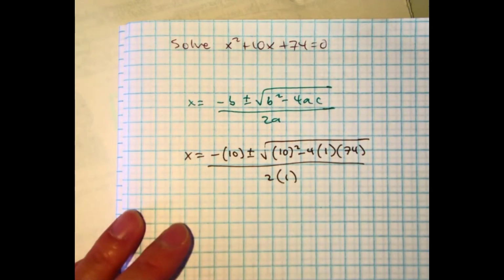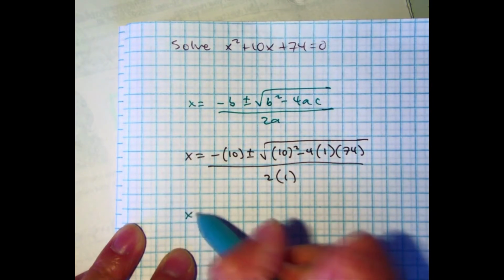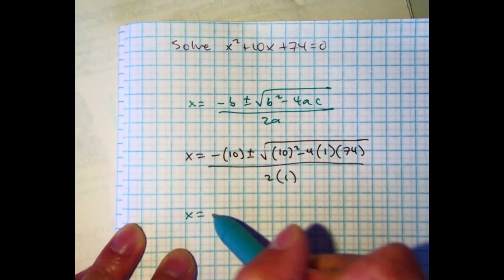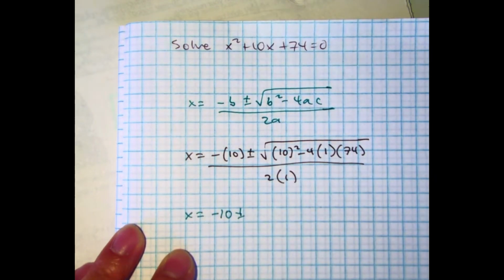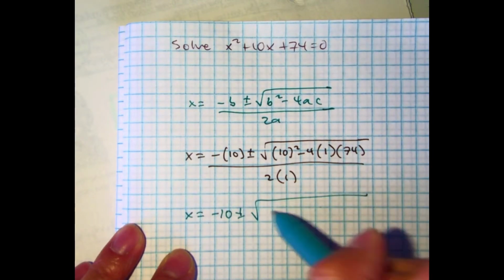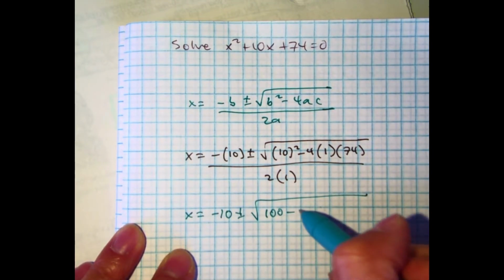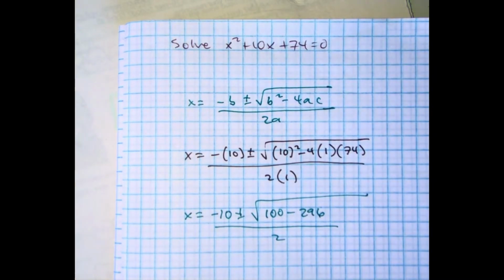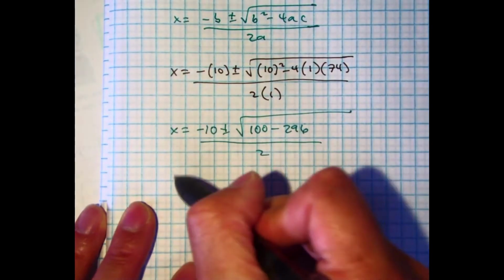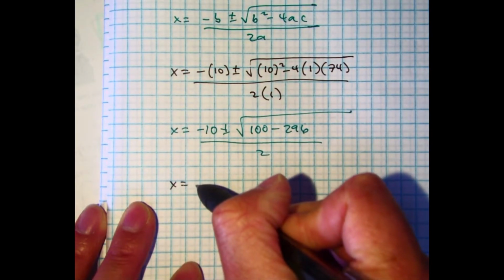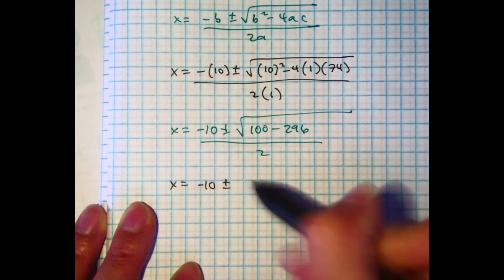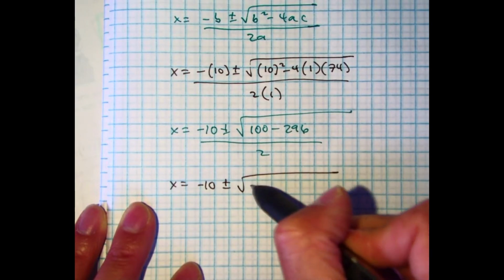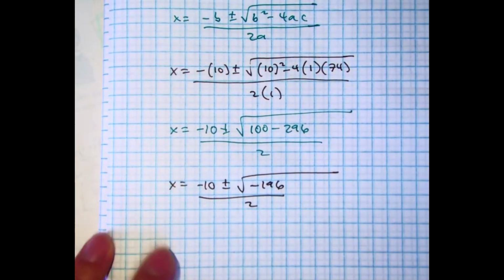Frida. 196? Good, good. Okay. Echo? Negative 10 plus or minus square root of negative 196. Yes.